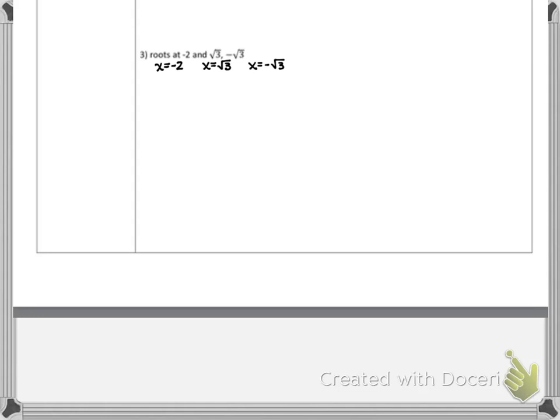Something important to note here, and this goes way back to integrated 2. Whenever you have an answer or a root that is like a square root, so like square root of 3 in this case, you have to imagine where these would have come from.